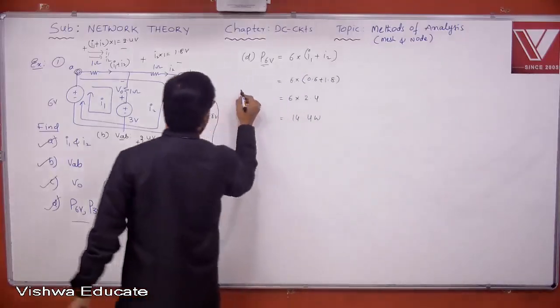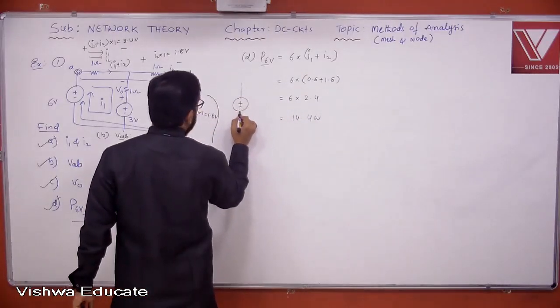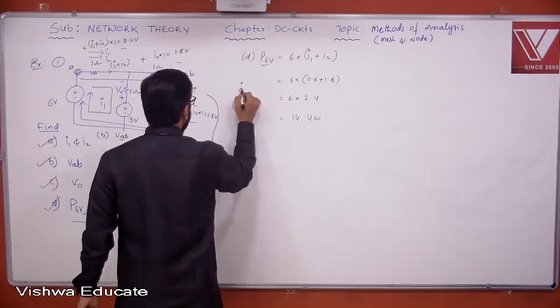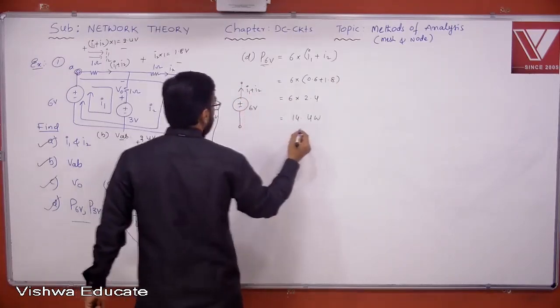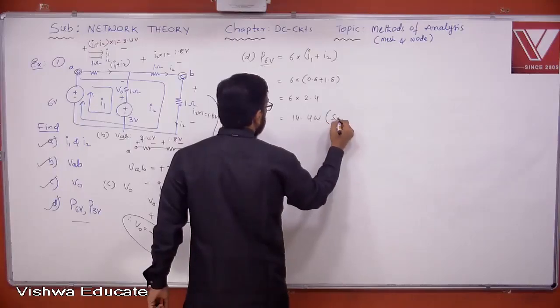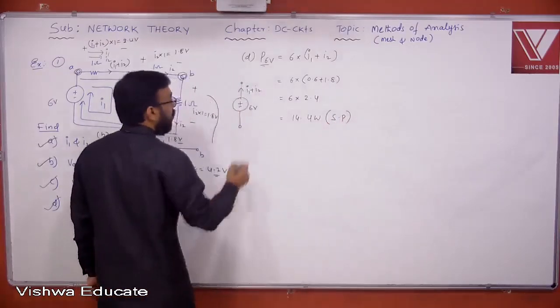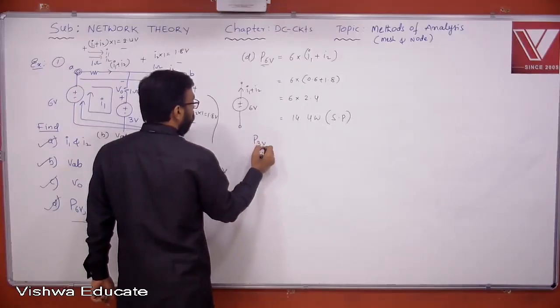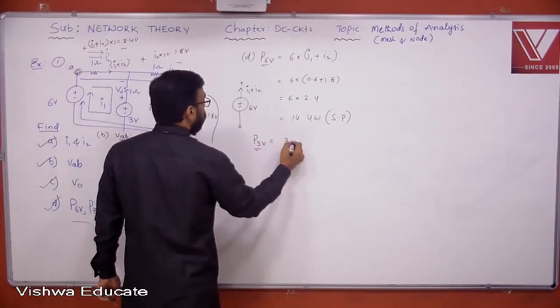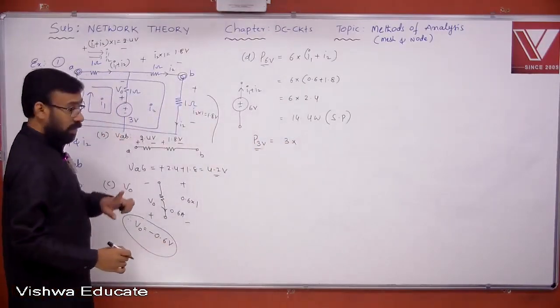I1 plus I2 is flowing like this. Whenever there is an active element, you must mention whether it is supplied power or absorbed power. Clearly you have to mention. That's always a good practice. Okay. So this is now supplied power or absorbed power. Current is leaving from positive. Supplied power.